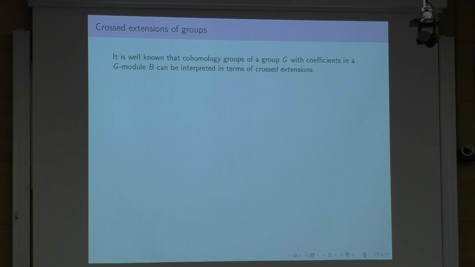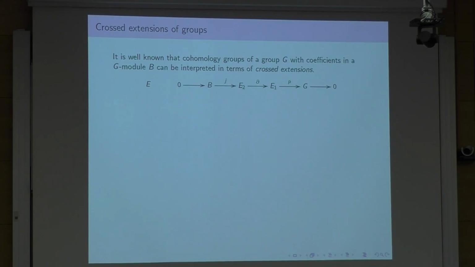You fix a group G with coefficients in a G-module B. So you have an action of G over an abelian group B. So you take a crossed extension, which means that in the middle your partial is a crossed module.